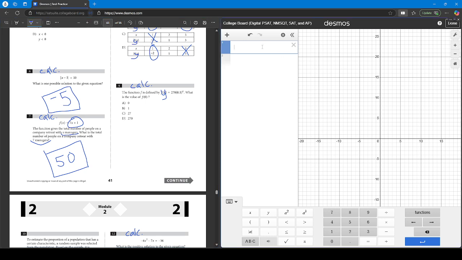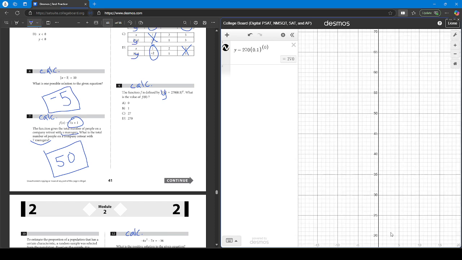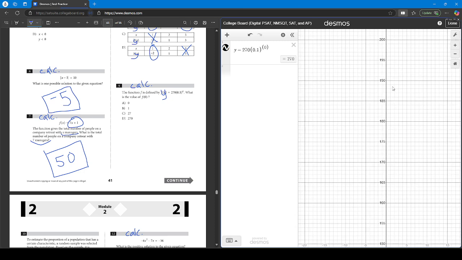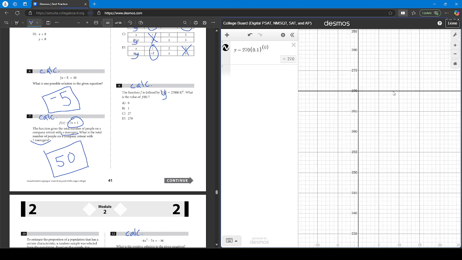Y equals 270 times 0.1 to the power of x, and we're going to put in what for x? A 0 for x. And there it is at 270. That's our answer. Number 9, D.